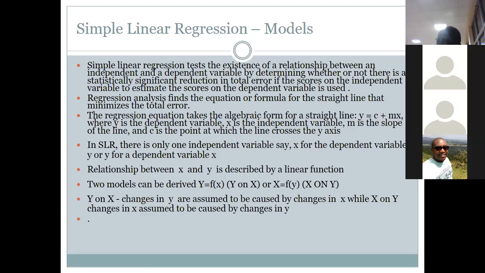That's why you must always build the two models, a Y on X and an X on Y. And Excel, SPSS, Stata, EViews give you that option of building either of the two models for your purposes based on the objective of your study. Am I clear, please? Yes. Good.